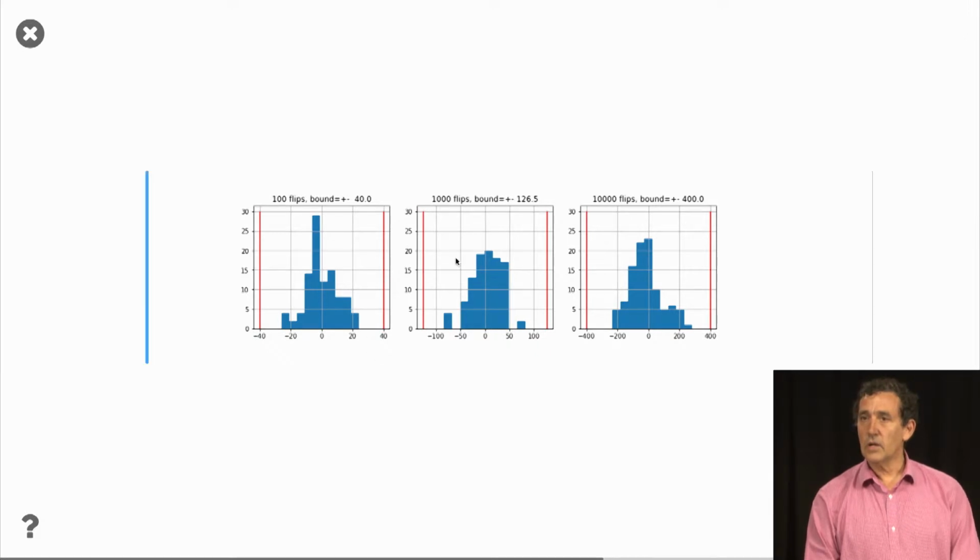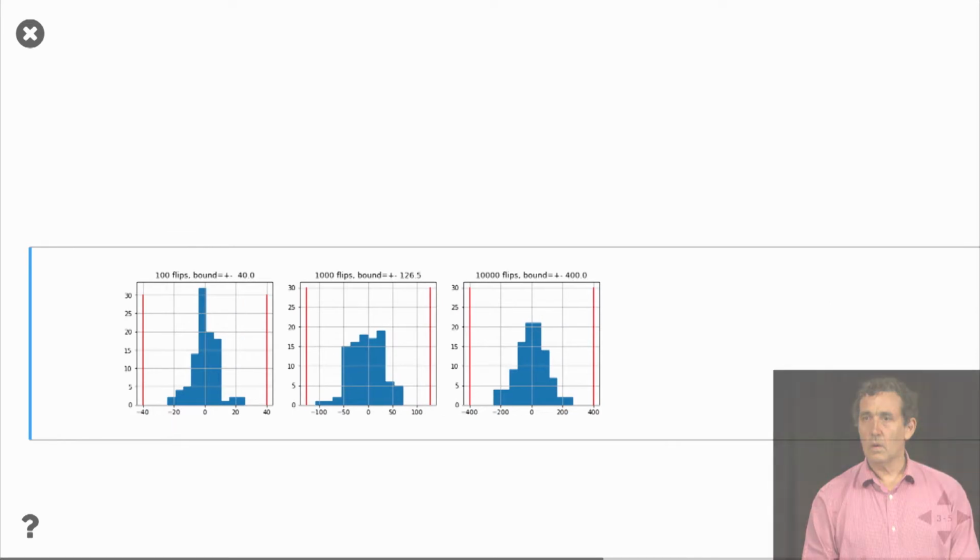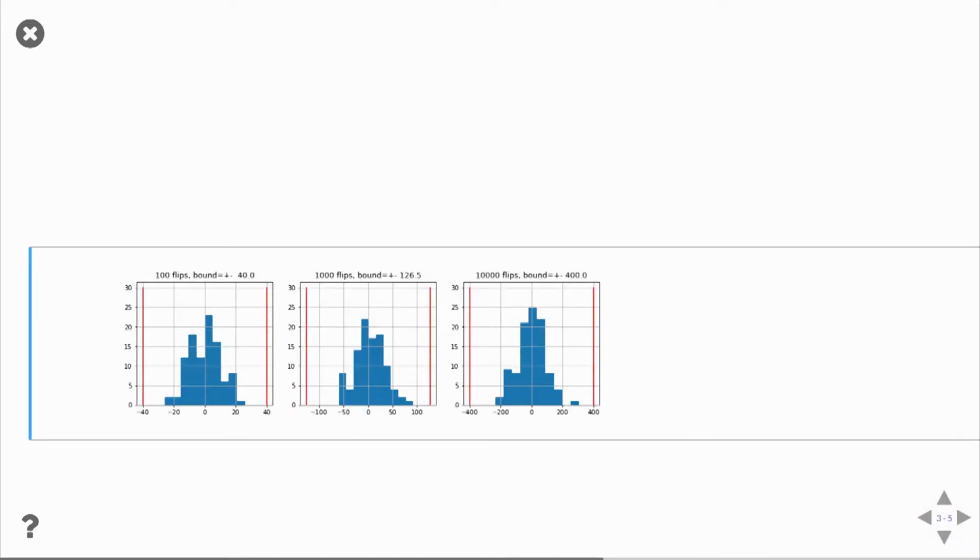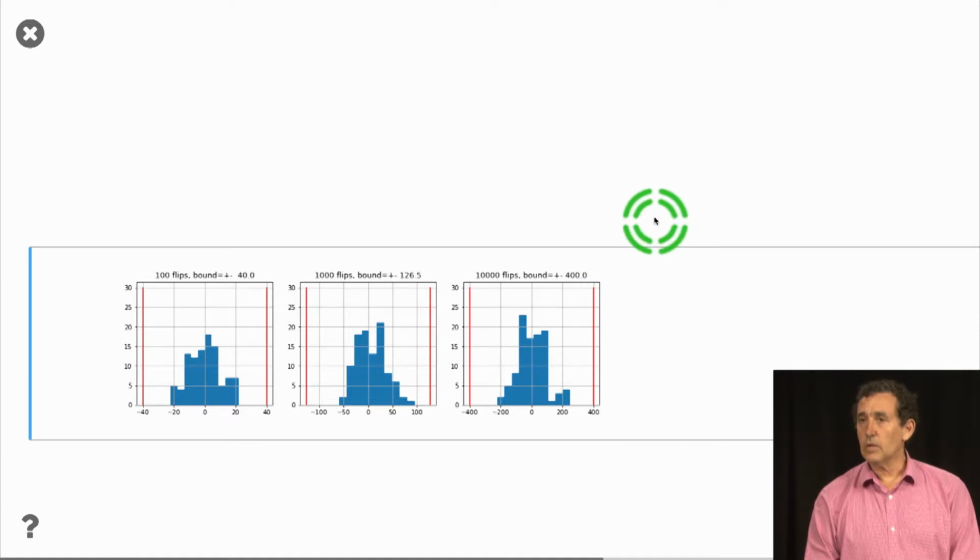Okay, so I can rerun this experiment too. And you see that, again, each time the distribution is somewhat different, but it never goes outside of the red bars. Okay? So that's consistent with what we said.